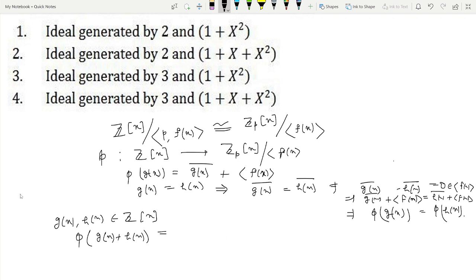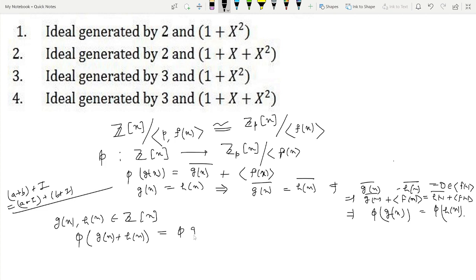Like this, a plus b plus I equals a plus I plus b plus I. The definition of the sum in a quotient ring is (a plus I) plus (b plus I), and also for the product, ab plus I equals (a plus I) into (b plus I). Using that, these will be done.